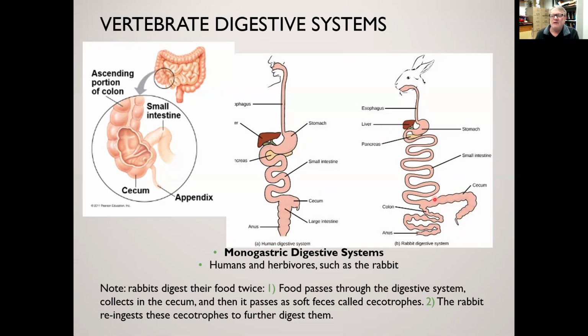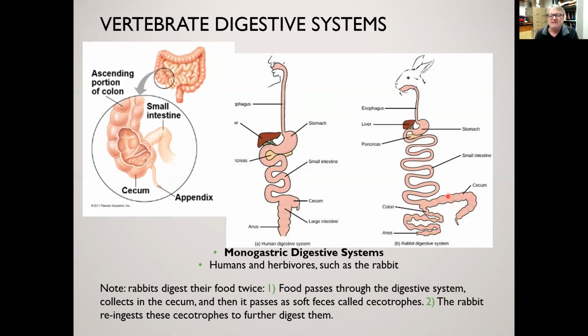It then gets sent out of the cecum and then goes through the large intestine so that it's removed as waste. But potentially there's still some more nutrition left in there. So a rabbit is what's called a cecotrope.